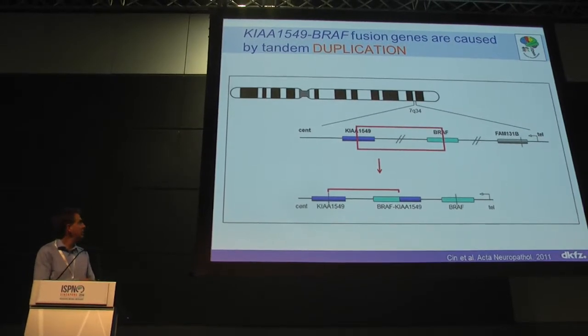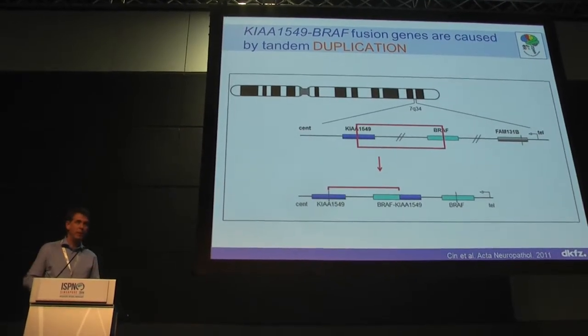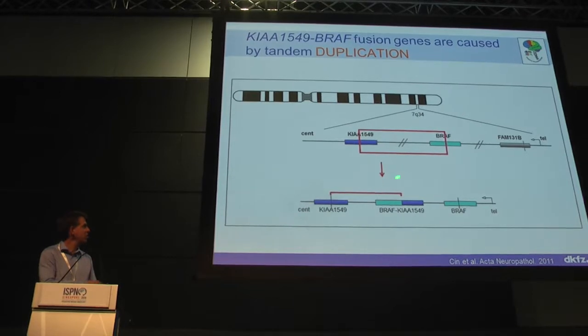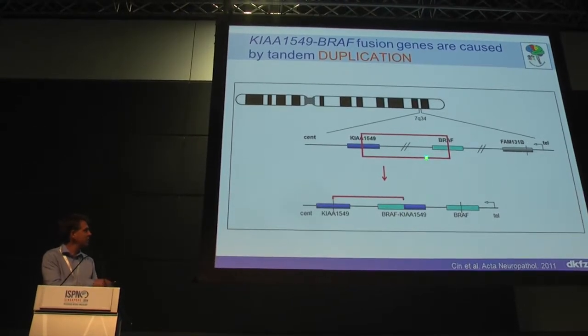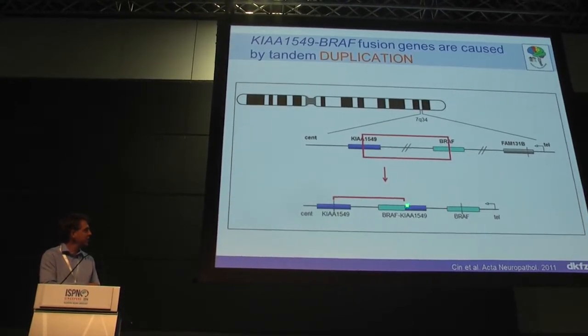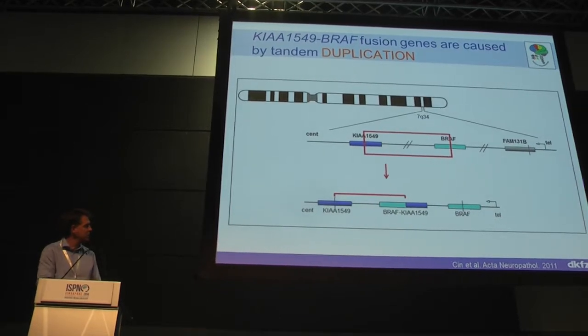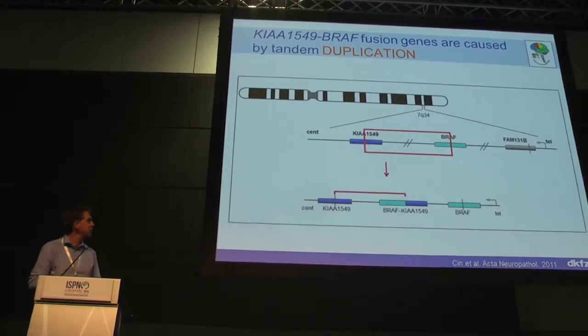We know that this can be caused primarily by this duplication, where we get these two bits duplicated and then put right next to each other, and then get this fusion gene.